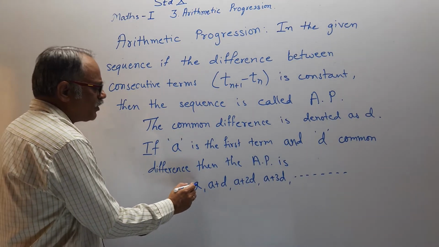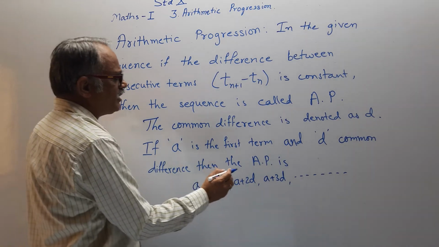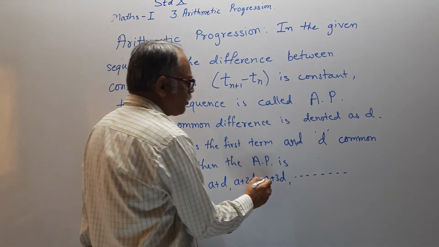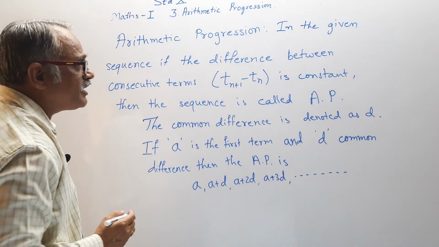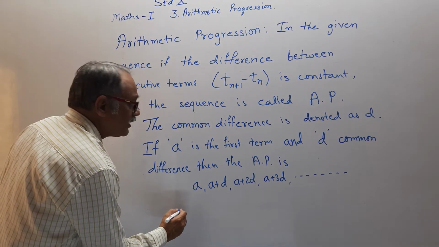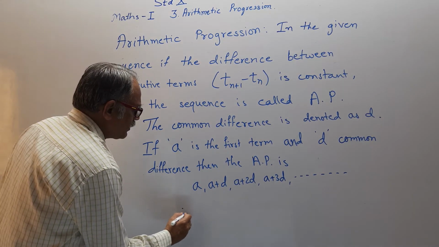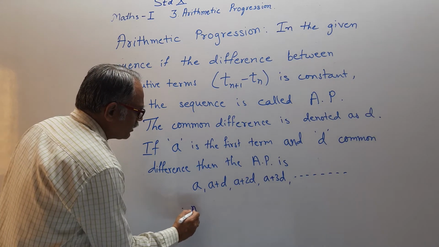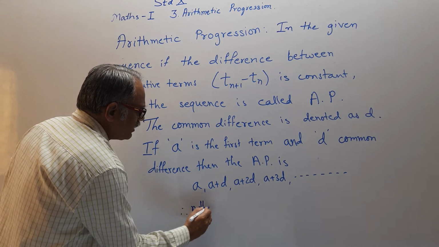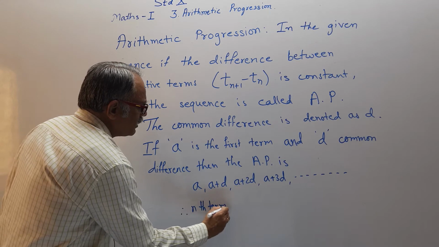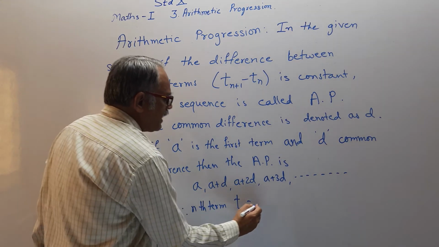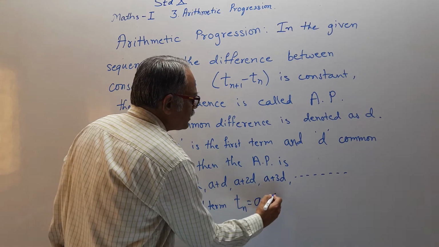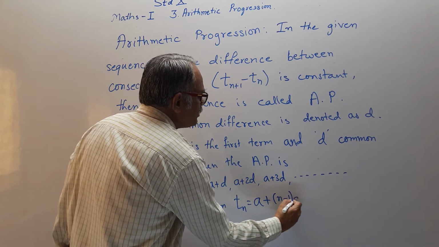The first term is only A, the second term is A plus 1D, the third term is A plus 2D, the fourth term is A plus 3D. Therefore the nth term of the sequence, denoted by Tn, is A plus n minus 1 into D.